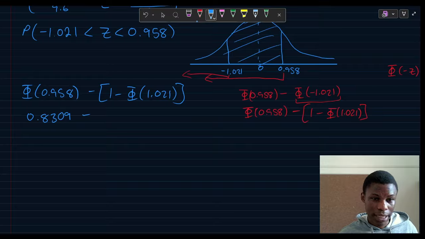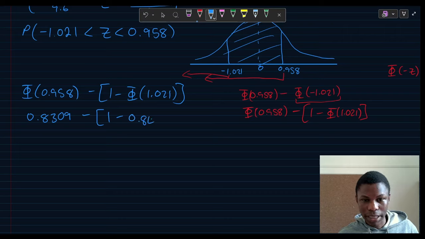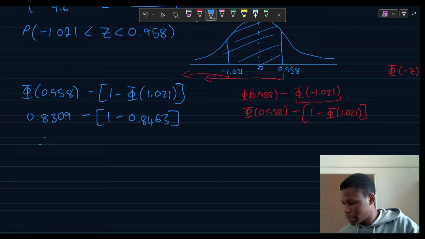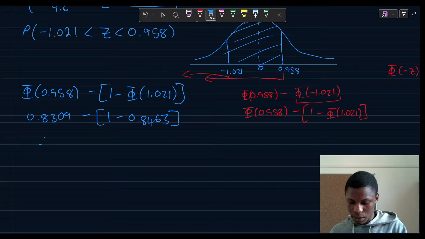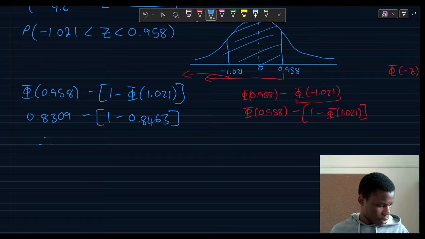I'll just trust that that's 09. Minus 1 minus phi of 1.021, which is 0.8463. Let's punch that into the calculator and hope that it gives us the correct answer, which is 0.677. Perfect.